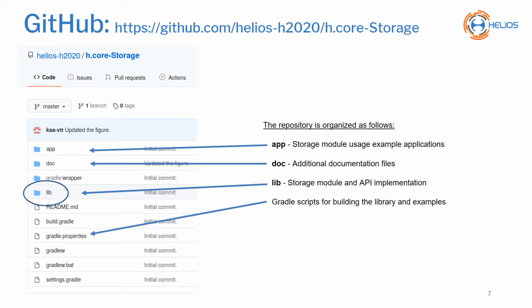The library itself is in a lib subdirectory, and there's another code in an app subdirectory that contains some example application, and then there's a doc subdirectory for documentation, and in addition to that we have some Gradle build scripts in that repository.